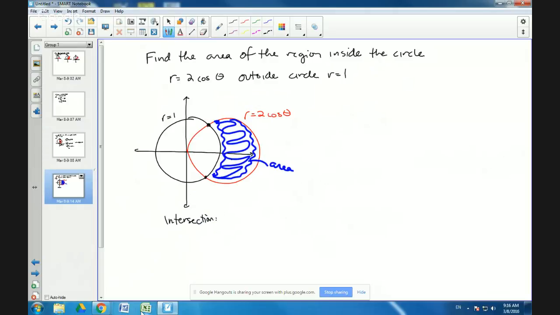We're going to think through this the same way we would think through a regular rectangular coordinate problem. Find the intersections. Well, would you say 2 cosine theta equals 1, right? So cosine is a half. Where does that happen?